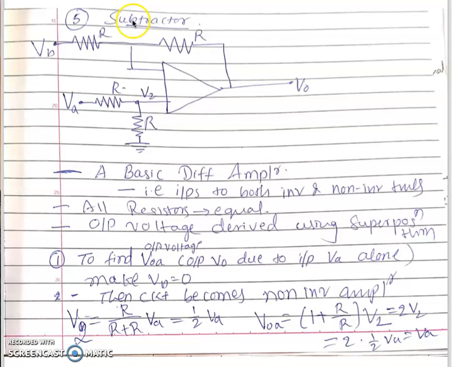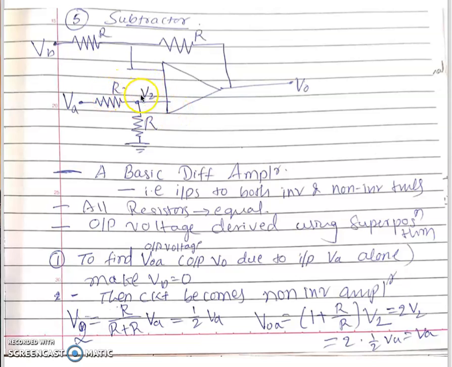So in the circuit, we are applying two voltages. VB is applied to the inverting terminal, which is usually marked with a minus sign, and VA is applied to the non-inverting terminal through these components.